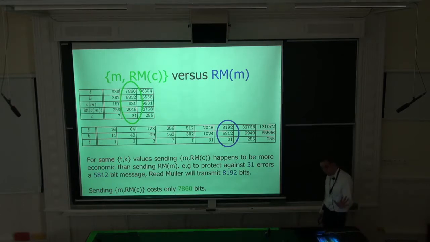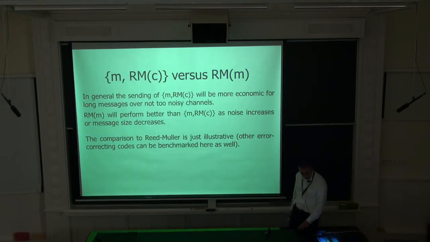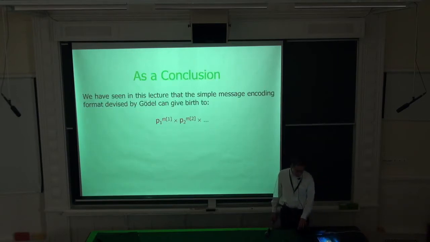Now Reed-Muller is of course not the most efficient error correction code, but it just shows you that it's not just a toy example. You can try to do some interesting things with it. Okay, so it is just a description, as I said. We have much more efficient error correcting codes today. So it's the conclusion of this talk, because it's just about time.